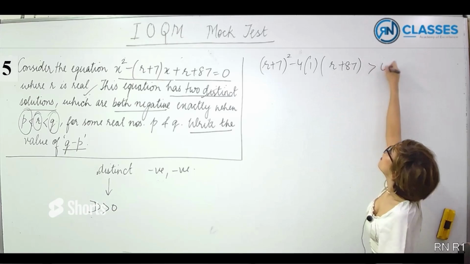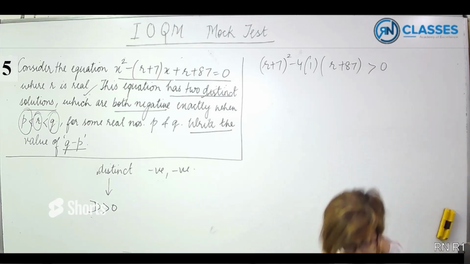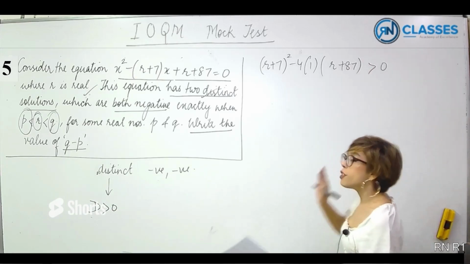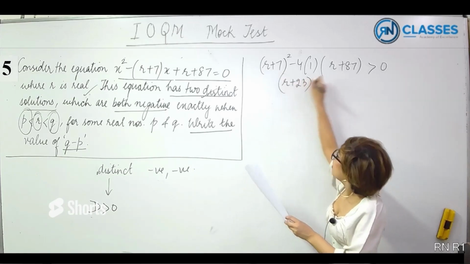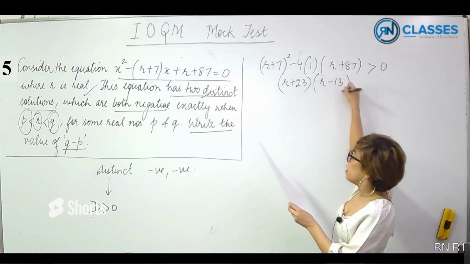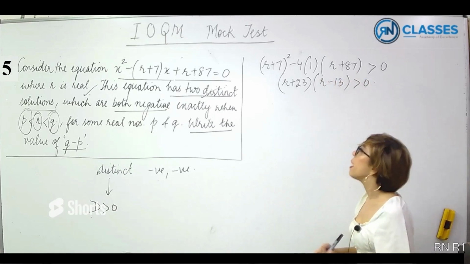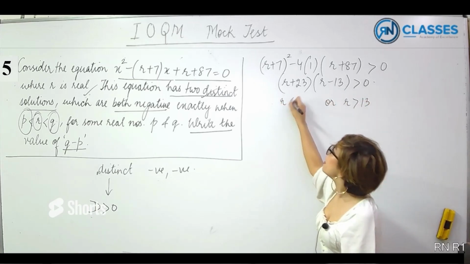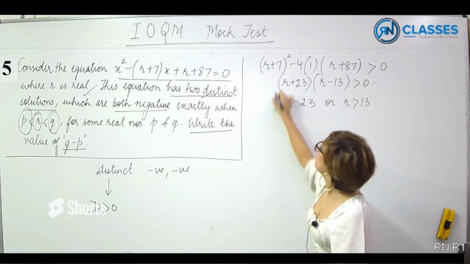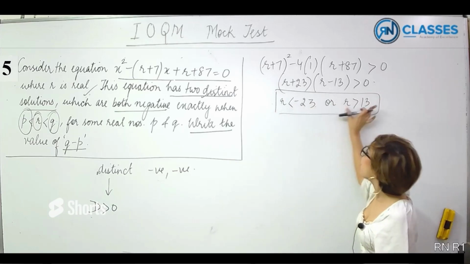He says this is greater than 0. Right? This will actually turn out to be quadratic, which you can factorize. It turns out to be r plus 23 into r minus 13 greater than 0. Right? That means r is either greater than 13 or r is less than minus 23. Either this is the case or this is the case.